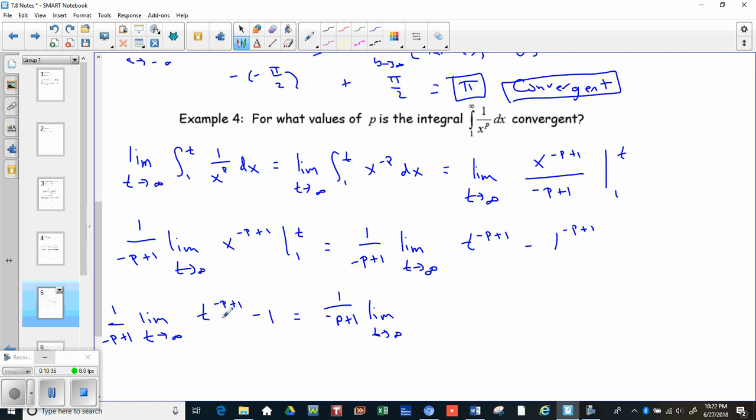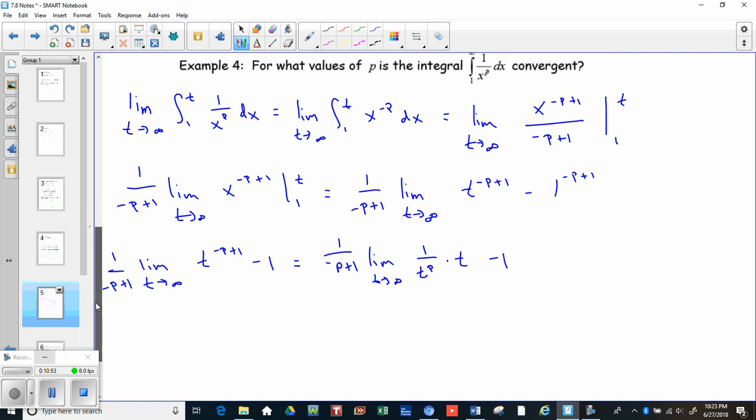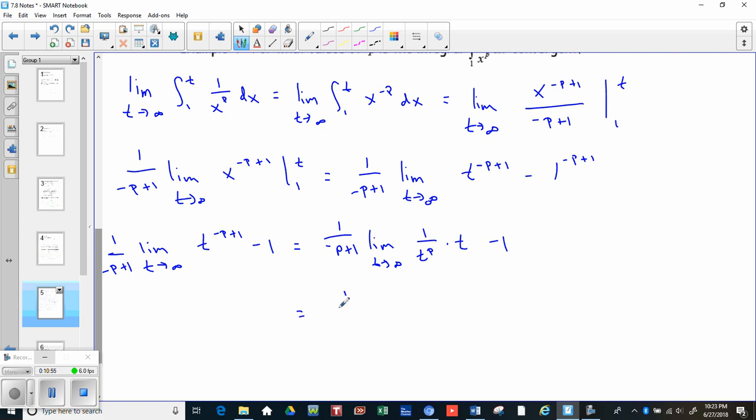And t to the negative p is the same thing as 1 over t to the p. So I can actually rewrite this as 1 over t to the p times t, and then minus 1. Almost there. So what I get is 1 over negative p plus 1 times the limit as t approaches infinity of t over t to the p power minus 1.